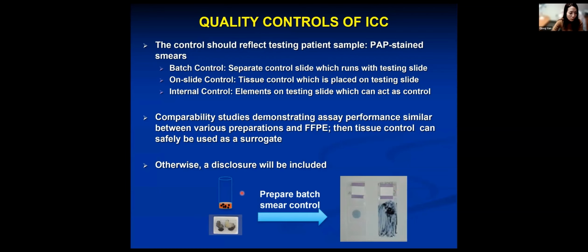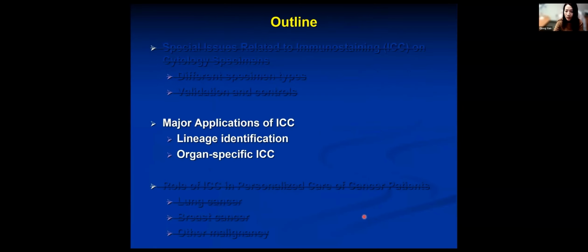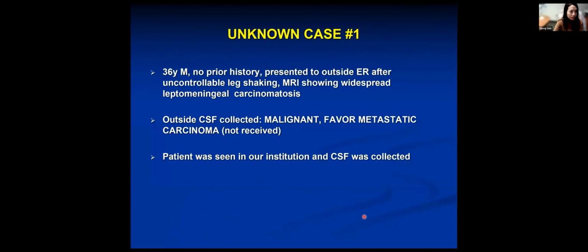For example, we can use malignant effusion cell pellets, or we go to the grossing room, get a fresh surgical specimen, and prepare batch smear controls for the markers that I just mentioned. In the following section, my emphasis will be on the practical application of ICC, particularly lineage determination and organ-specific ICC markers.